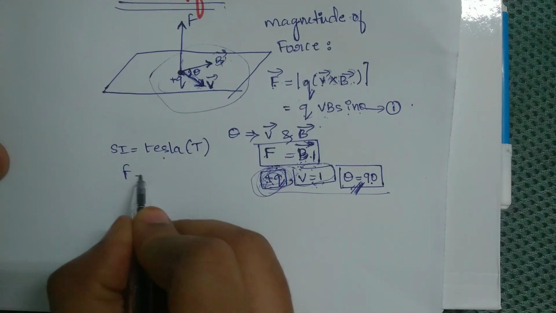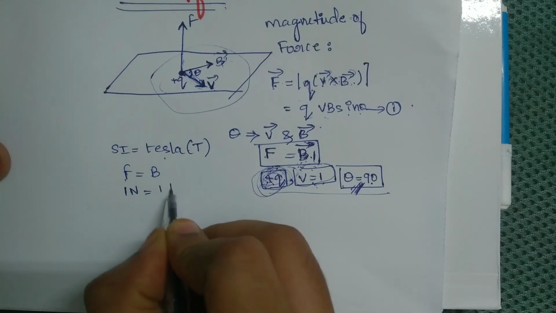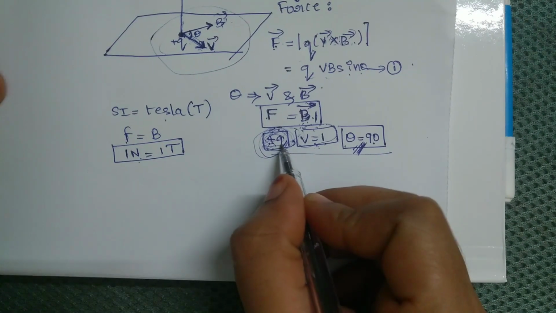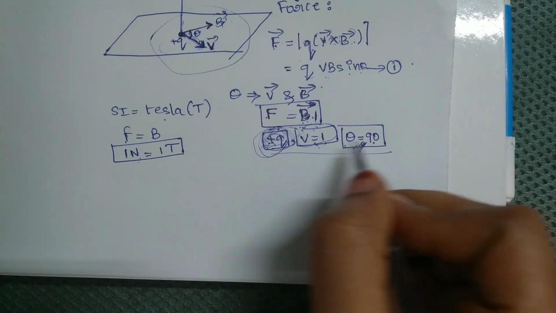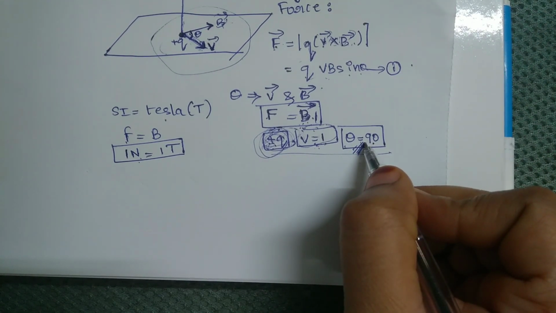So therefore when I say F equals B, that is 1 Newton equals 1 Tesla. When the unit positive charge, that is plus q, is moving with a velocity of 1 meter per second and it is moving at a perpendicular angle to the force.